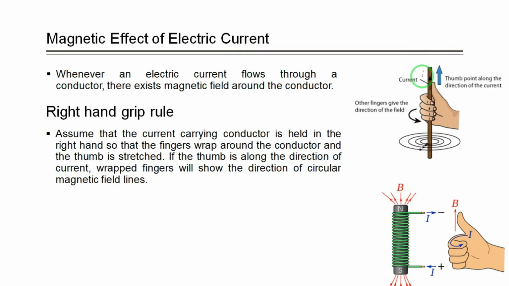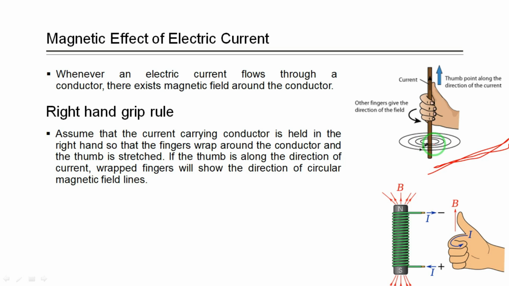So see the top right diagram. Observe here, the brown colored part is called a conductor, and there is an arrow. This arrow is called the current direction. So when a current flows or passes through a conductor, then a magnetic field will exist around the conductor.